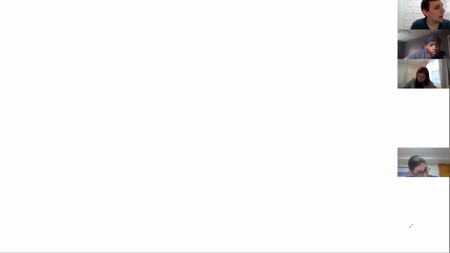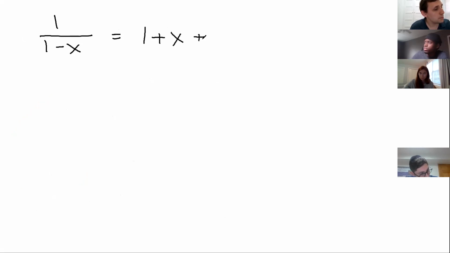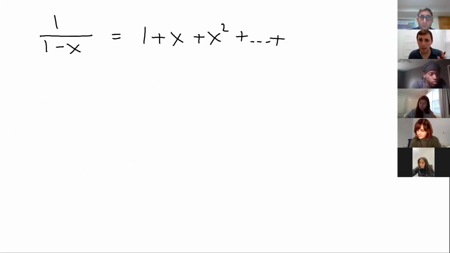I know that 1 over 1 minus x is 1 plus x squared. Now, your problem is that you are focused on x. You're looking at the letters and you're not seeing the picture. What am I saying? 1 over 1 minus a number is 1 plus the number plus the number squared plus the number cubed, etc.